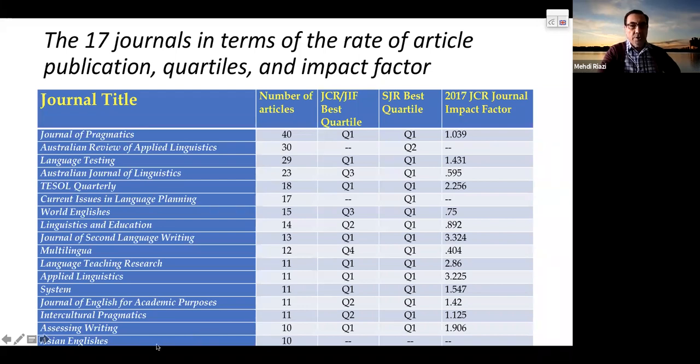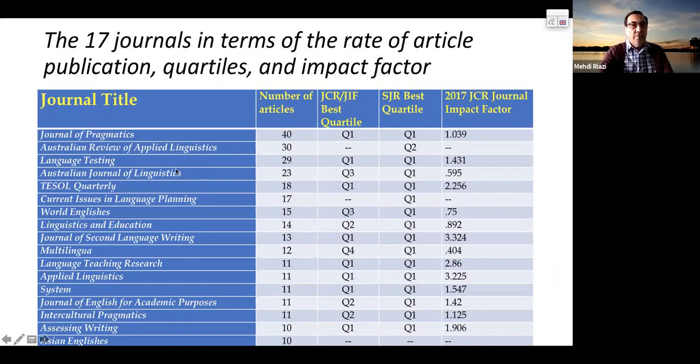Asian Englishes and Assessing Writing each received 10 article publications by this cohort of academics, and journals like Journal of Pragmatics published 40 articles over the time period.